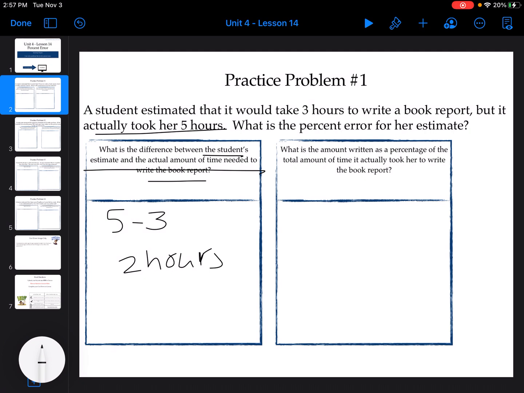So they want us to write what is the amount written as a percentage of the total amount of time it actually took her to write the report. So percent and then hours.